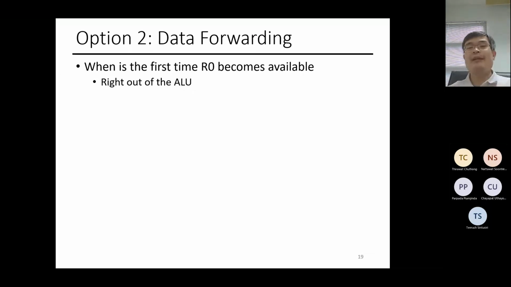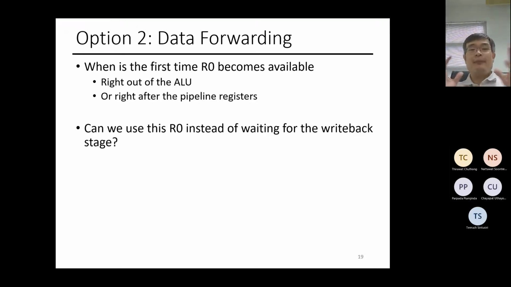R0 can be taken right out of the ALU, or, if the data hazard doesn't happen back to back, from the pipeline register. We can use this value instead of waiting until the write back finishes. The answer is yes, we can just forward it. The key question is how.